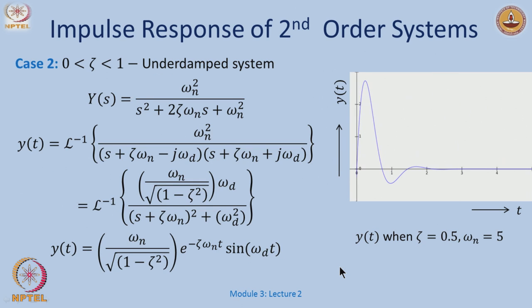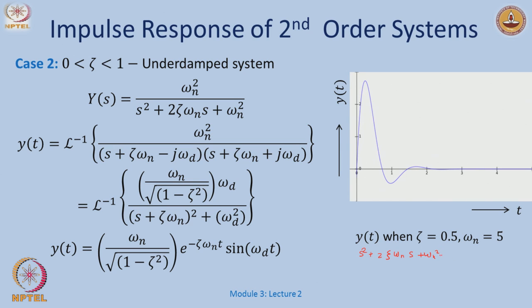Okay. So, let us make things a little more complicated. Zeta between 0 and 1. Before I do this, I will do a very short calculation. Look at the denominator: s squared plus 2 zeta omega n s plus omega n squared.